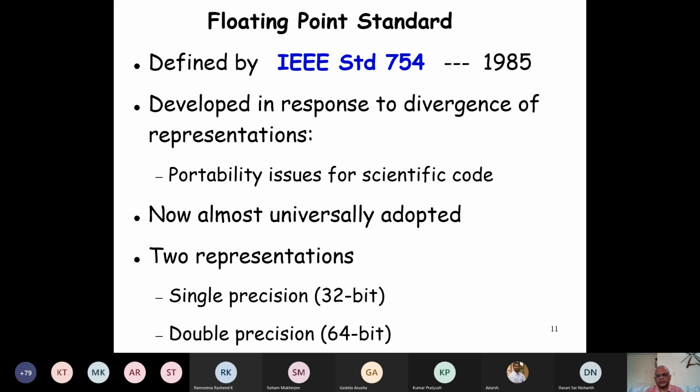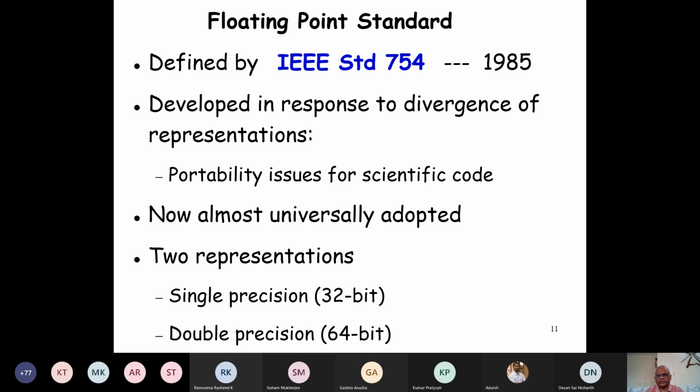So can I ask Yogesh Kumar Yadav? Yogesh, are you there? Yes, sir. So what is the difference between a fixed point number and a floating point number? Sir, I don't know.